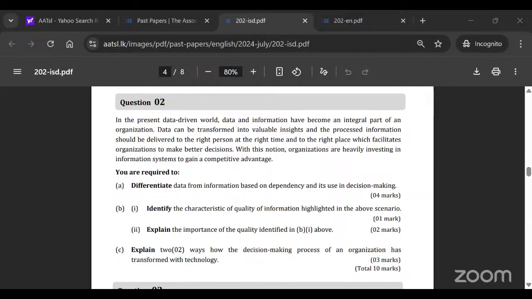For instance, a collection of sales numbers by themselves does not tell you much about the business or its performance. Information, on the other hand, is data that has been processed and organized in a way that it becomes meaningful.